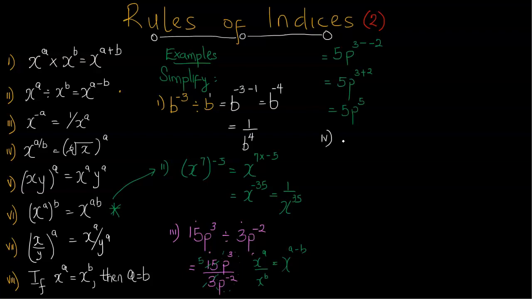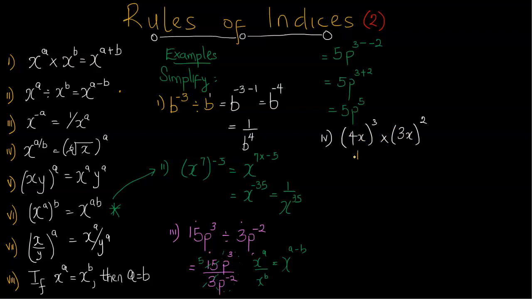Question 4. We've got 4x all cubed times 3x all squared. Now, because the bases are not the same here, it's going to be impossible for us to use the first law outright. So what we are going to do here is to realize that these powers affect both items.